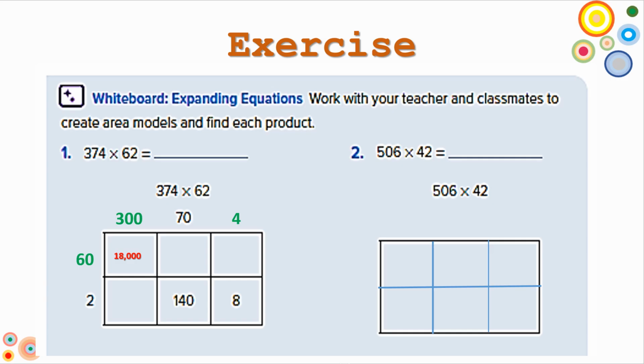The next one. Yes, 6 times 7, it will be 42 and drop 2 zeros. So the number will be 4,200. The next one, 4 times 6 and drop 0.